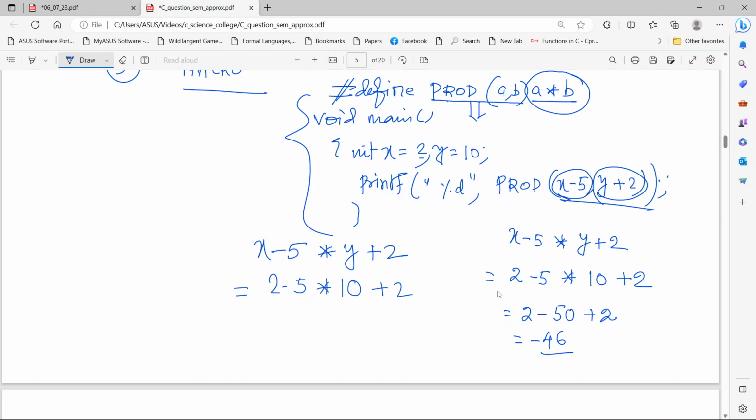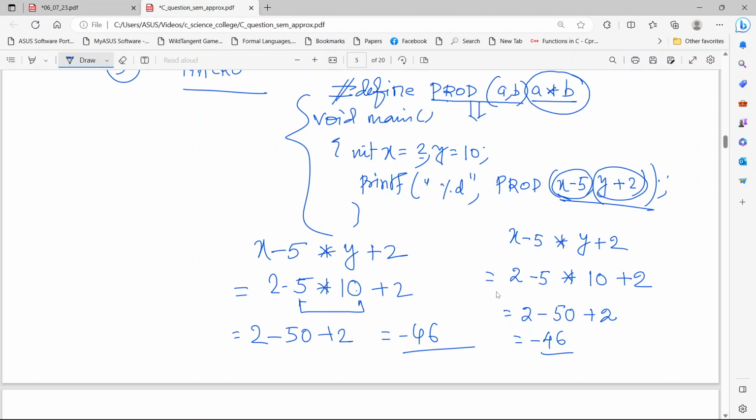That means it is not added, right? It will substitute the thing. Then you have to apply the normal rule, and the multiplication will be done first. So that means 2 minus 5 multiplied by 10, that is 50, plus 2. So the rest of the thing will give you minus 46. Is it clear? Whenever a macro is given, first you just substitute the value.